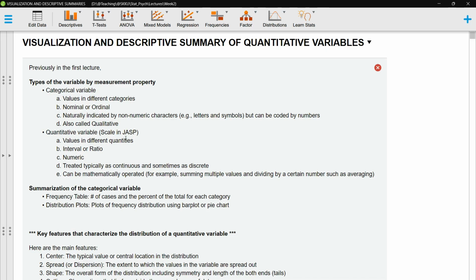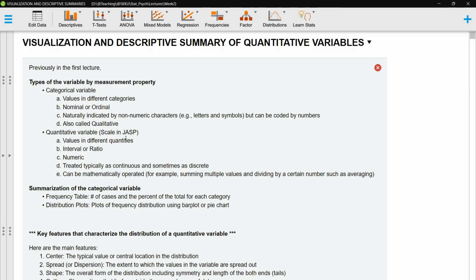So female versus male, and we use a word or a set of letters, FEMALE, to represent the female, and the word male to represent male. So we use non-numeric characters to represent the different values in a categorical variable. That is a typical situation, and this is pretty natural.